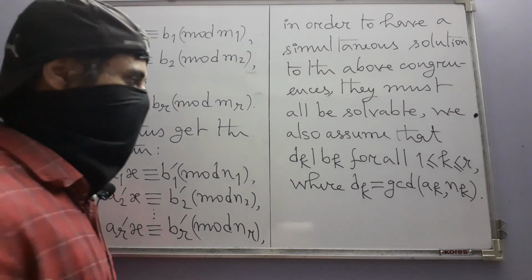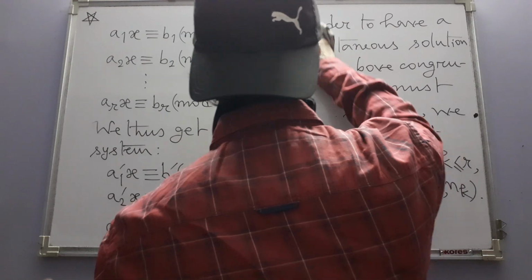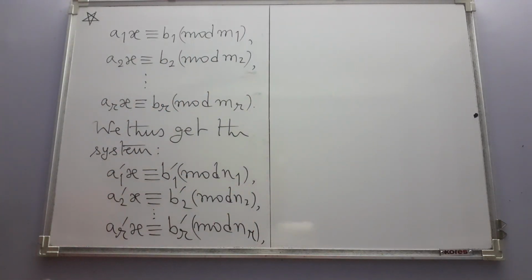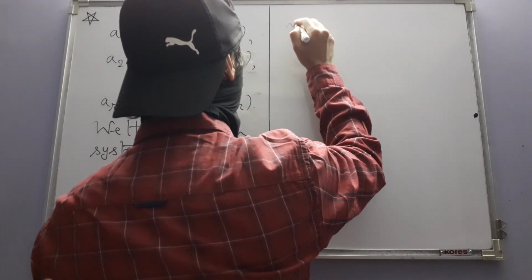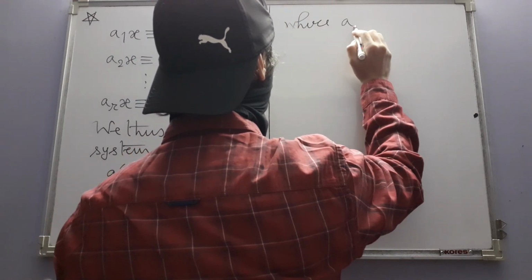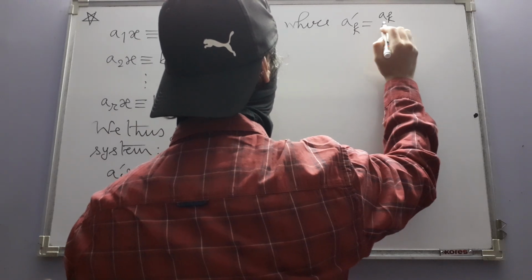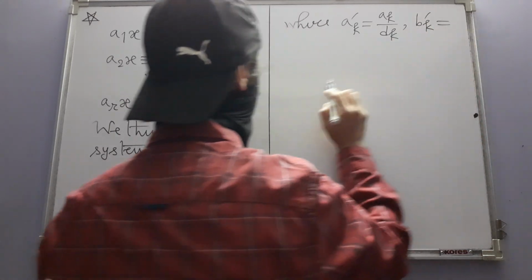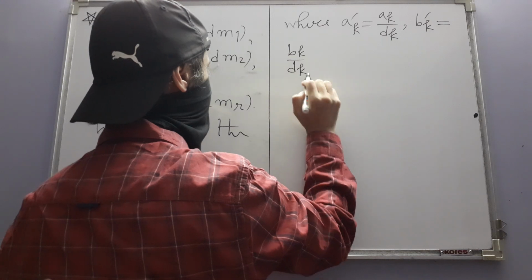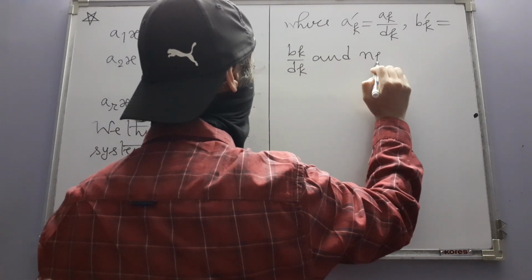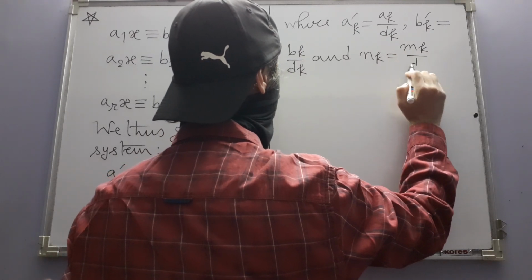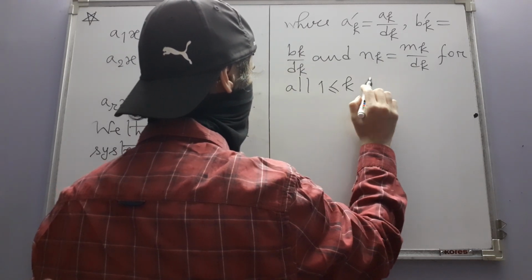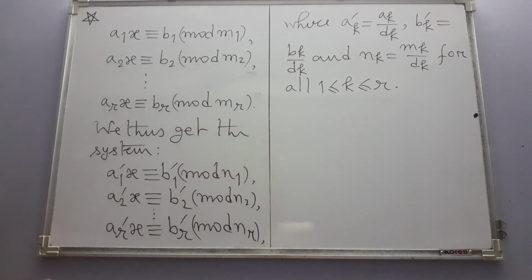They are all the old quantities, corresponding old quantities divided by the corresponding GCD d, where ak prime is ak divided by dk, bk prime is bk divided by dk, and nk is mk divided by dk, for all our possible k. Note that it makes sense also.